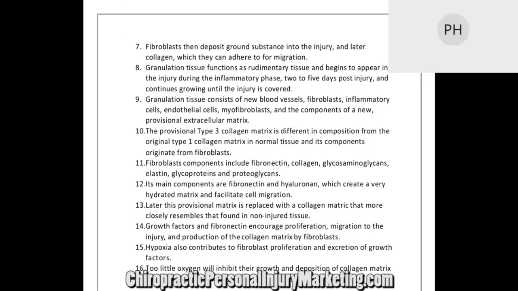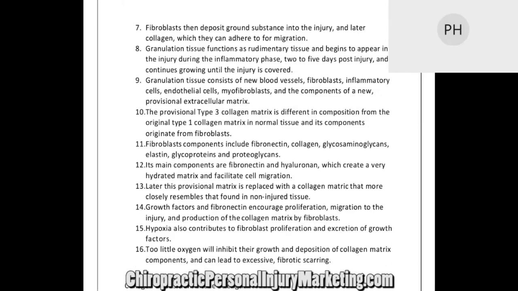Fibroblast components include fibronectin, collagen, glycosaminoglycans, elastin, glycoproteins, and proteoglycans. Its main components are fibronectin and hyaluronan, which create a very hydrated matrix and facilitate cell migration. Later, this provisional matrix is replaced with a collagen matrix that more closely resembles that found in non-injured tissue.